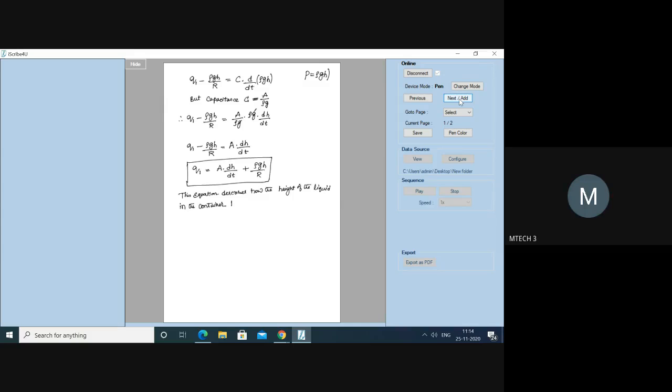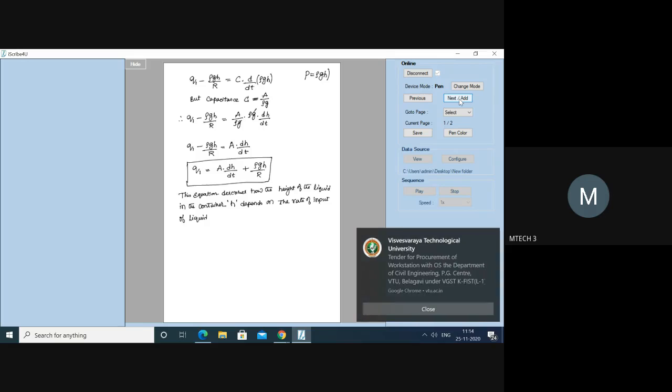H. Very good. Height of the liquid in the container H depends on the rate of input of liquid.